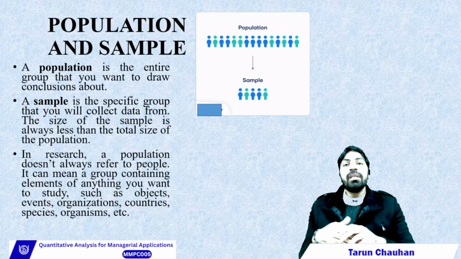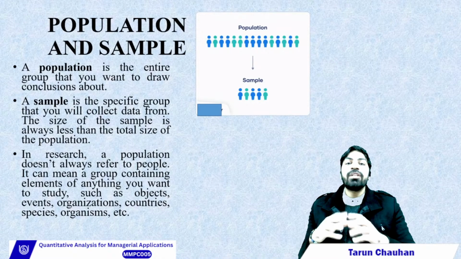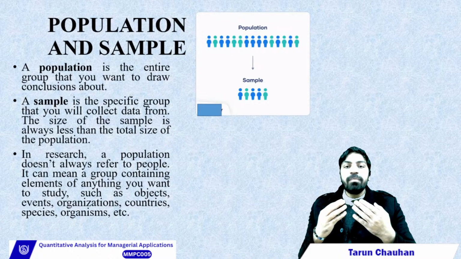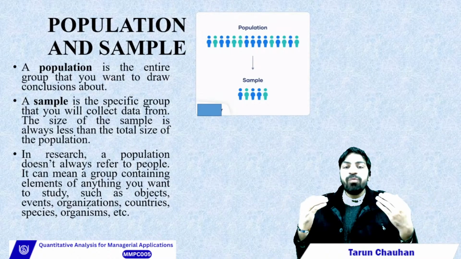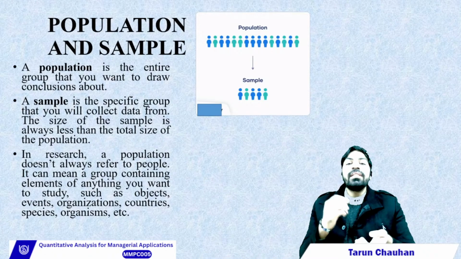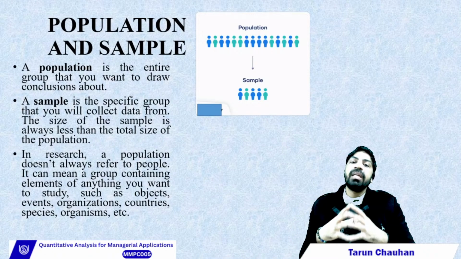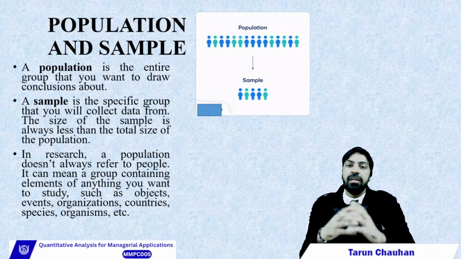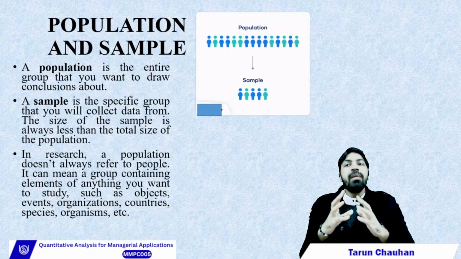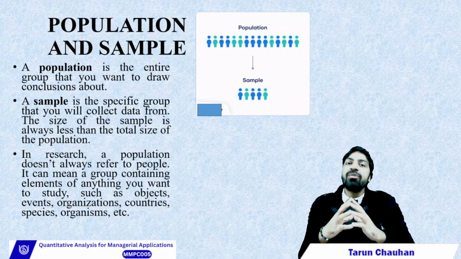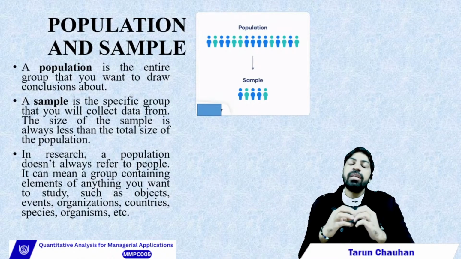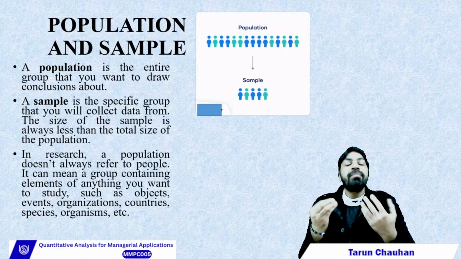If you look at the pictorial representation of the population and sample, the population is a large group, and within the population, the selected sample is collected from the entire population. When it comes to research analysis, a population does not refer only to people.